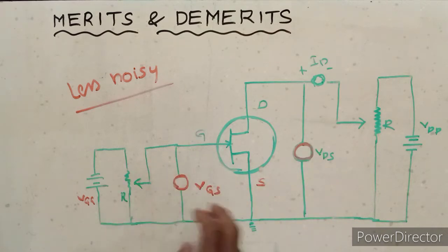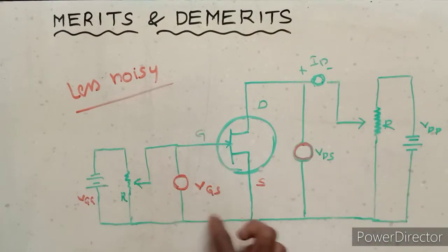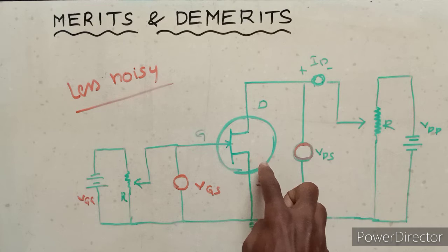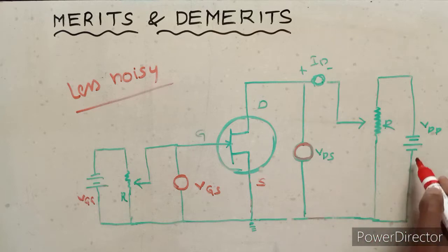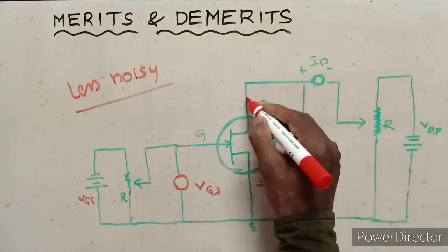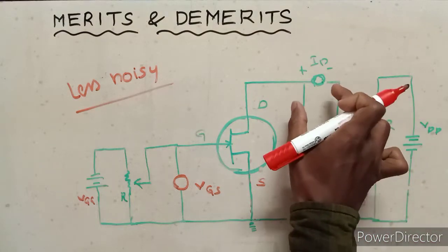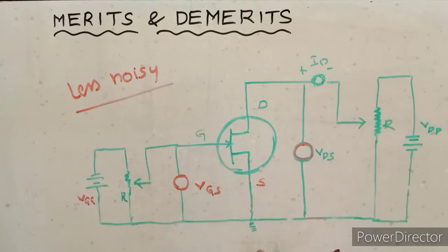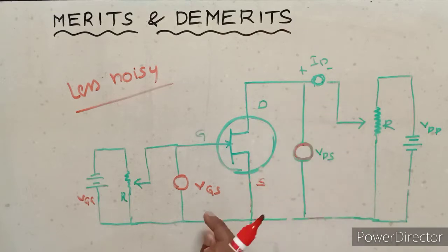The drain current, the total current, depends upon the input voltage between gate and source.